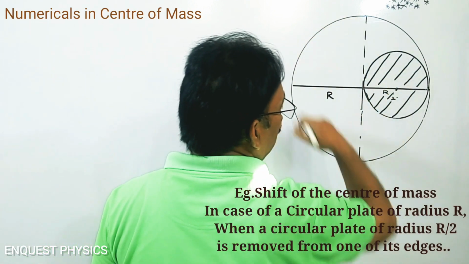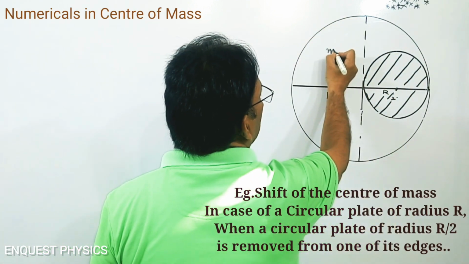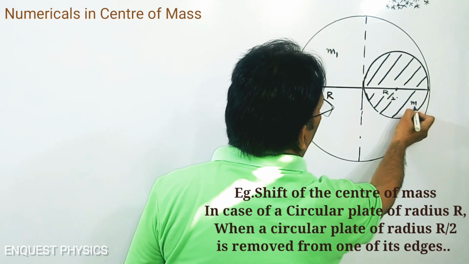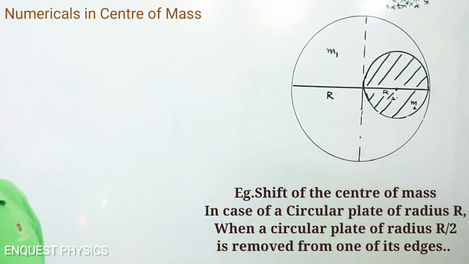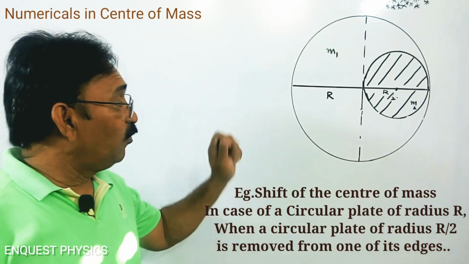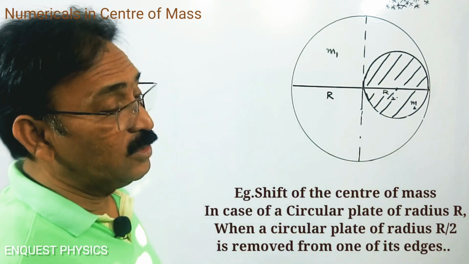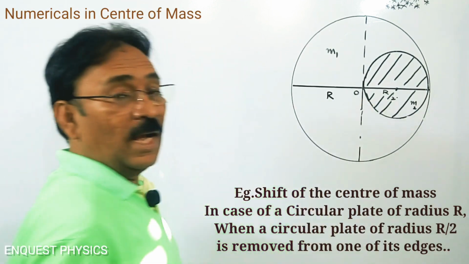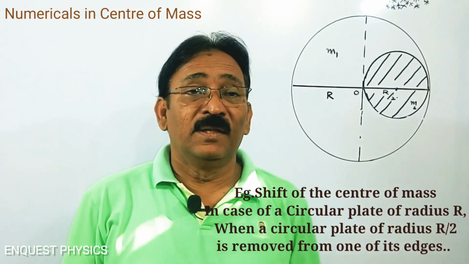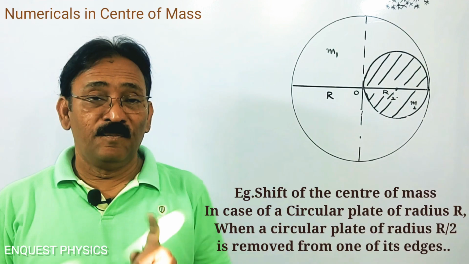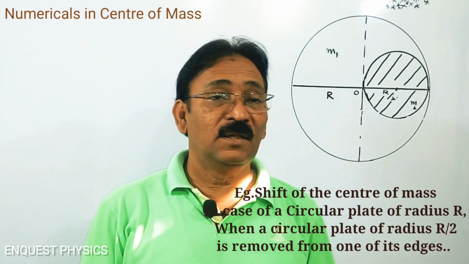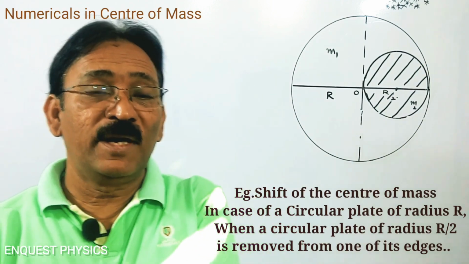Let's say this plate has a mass of m1, and the removed part has a mass of m2. Students, we have to find out the shift in center of mass. Taking this as the origin, you learned that the center of mass of a regular shaped body is always located at the geometrical center.